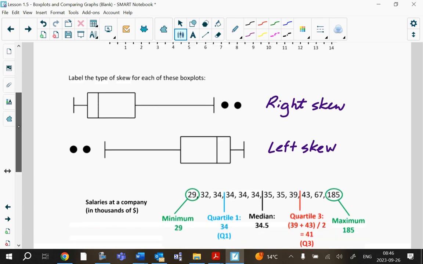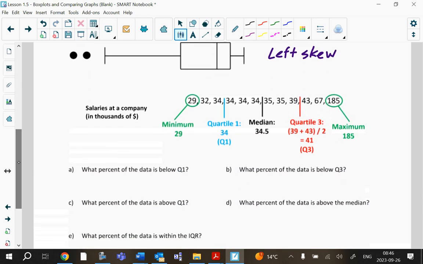Notice with box plots, we really don't use the mean and standard deviation. We use the median and the IQR to describe the distribution. Sometimes you'll be given a box plot and then you may be given all the information below, including the mean and standard deviation.